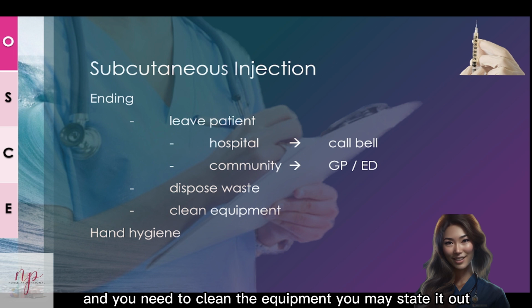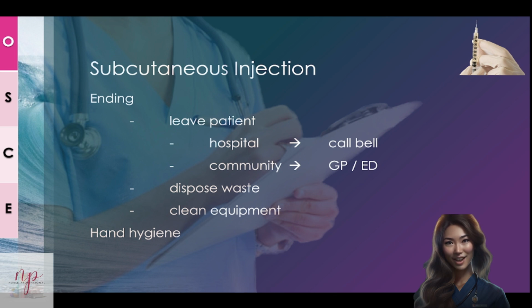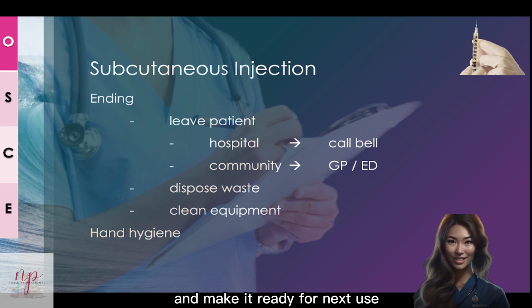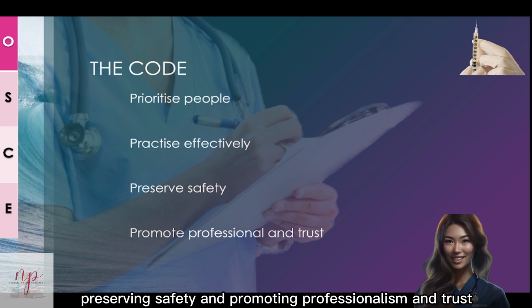You may state it out. You can say, I will clean the tray with alcohol wipes and make it ready for next use. These are all the steps you need to show your examiner that you are prioritizing people, practicing effectively, preserving safety, and promoting professionalism and trust.